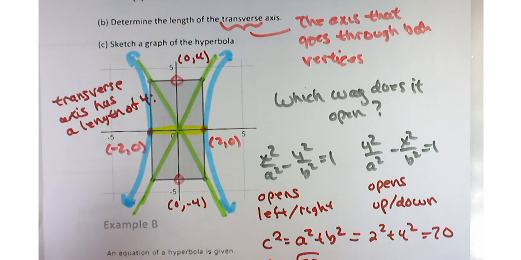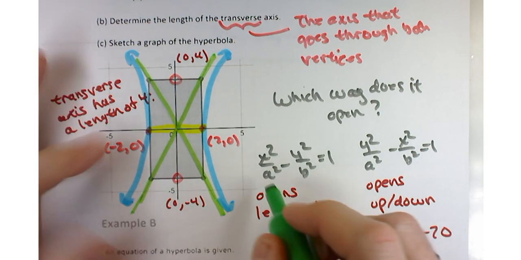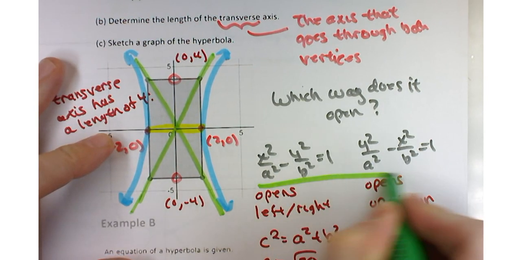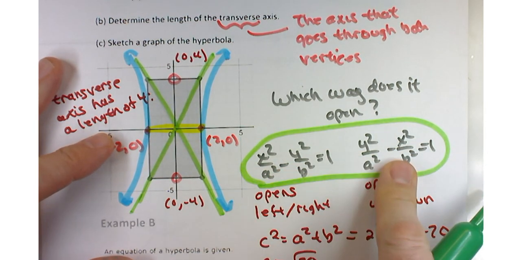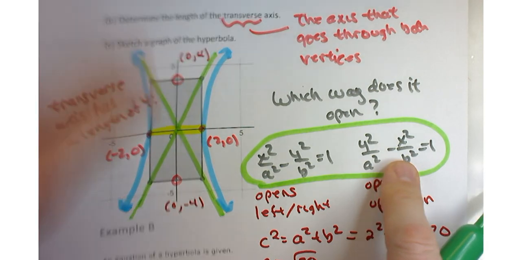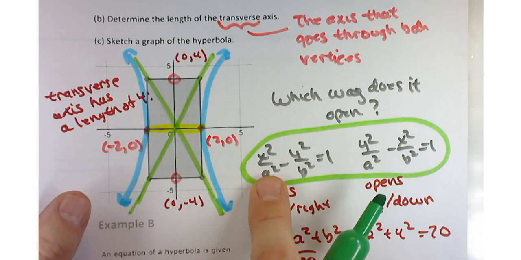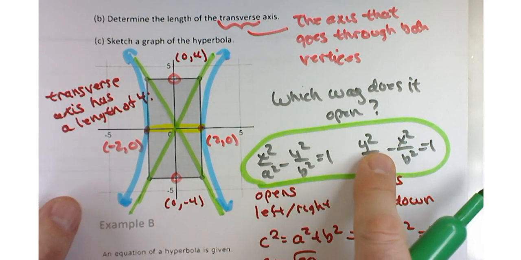And let me give you a chance to pause and think about this for a second. Which way is the graph of this going to open? What equations are going to correspond? Is it going to correspond to the one on the left or the one on the right? Let's look back at our graph. X squared term first or y squared term first for this graph?